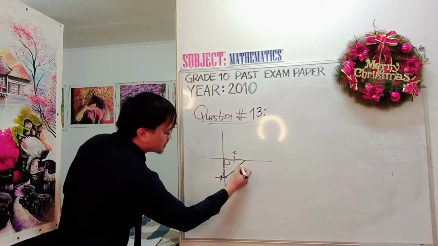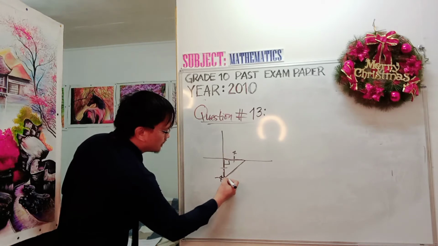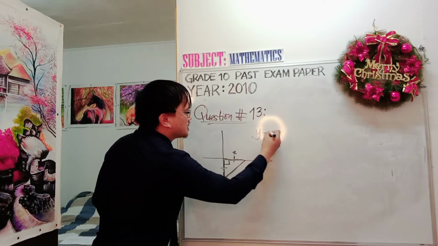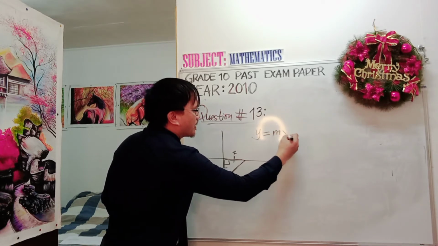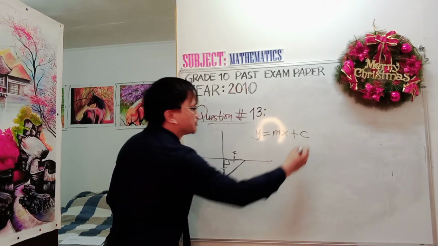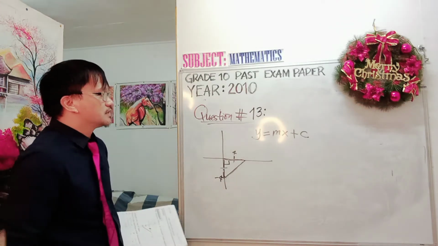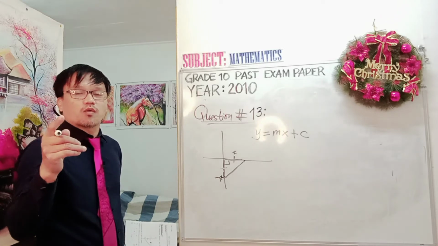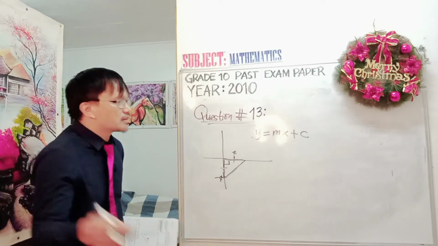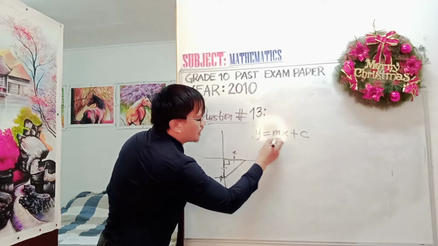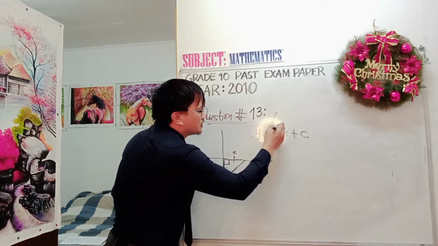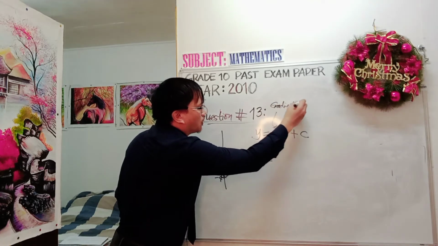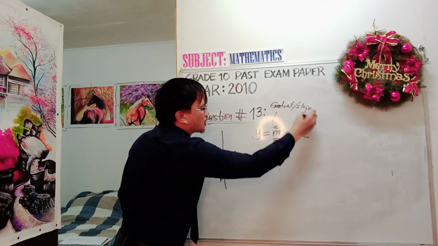This hypotenuse is a straight line. The equation of a line is written as y equals mx plus c. What are the requirements for you to write the equation of a straight line? You need the gradient, m, also known as the slope.